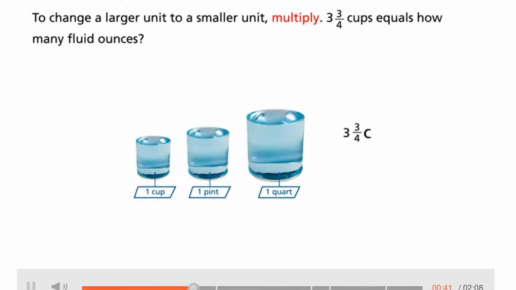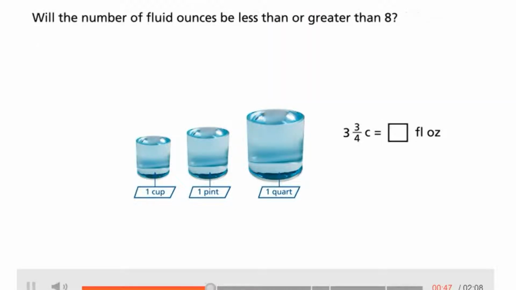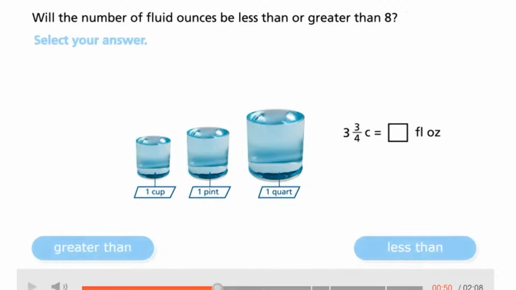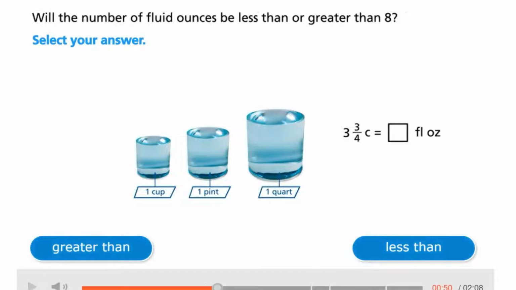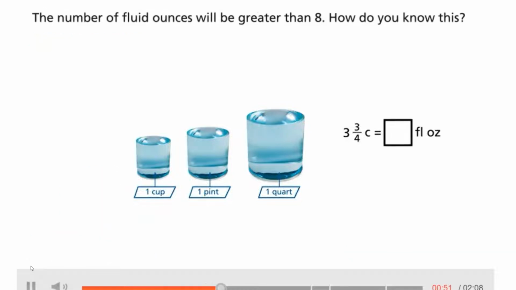3 3/4 cups equals how many fluid ounces? Will the number of fluid ounces be less than or greater than 8? Select your answer. The number of fluid ounces will be greater than 8.